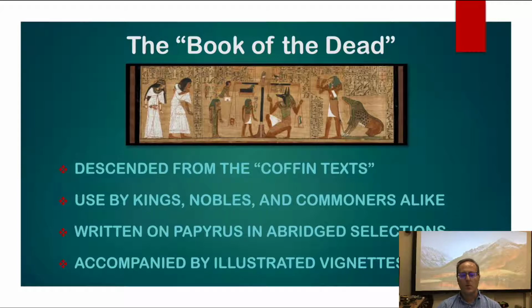These are written on papyrus and usually in abridged selections where the deceased or their descendants would pick a certain number of spells they wanted and would have them illustrated by a craftsman, and this would be buried in the coffin, usually inside a statuette of Osiris.